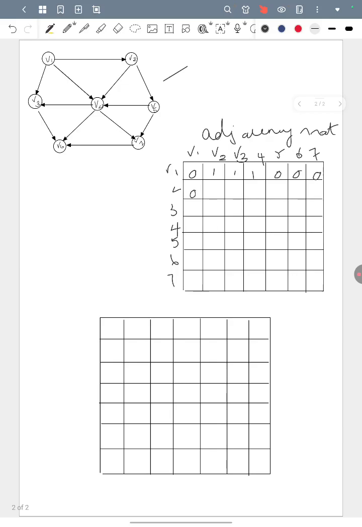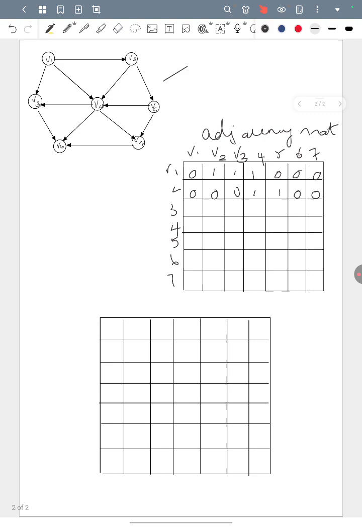We can see V2 to V1 is 0; from V2 we have paths only to V4 and V5. Remaining all we have to mark as 0.